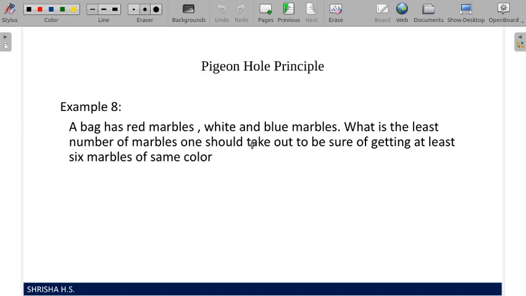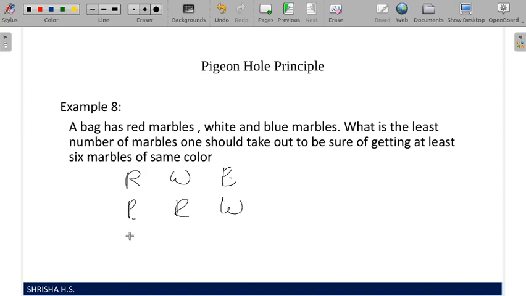Let's take it: I pick red, the second pick is white, the third pick is blue. In the worst case, every time I pick, I get a different color. How many picks are needed such that I have 6 marbles of the same color? I pick again and get blue, red, white.